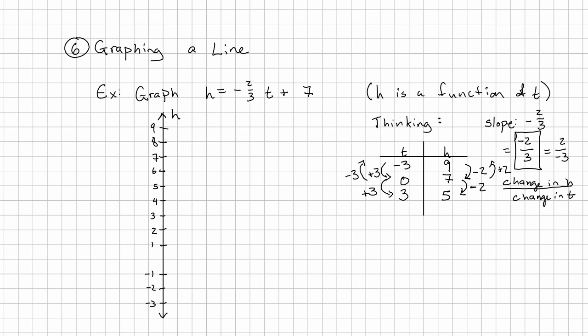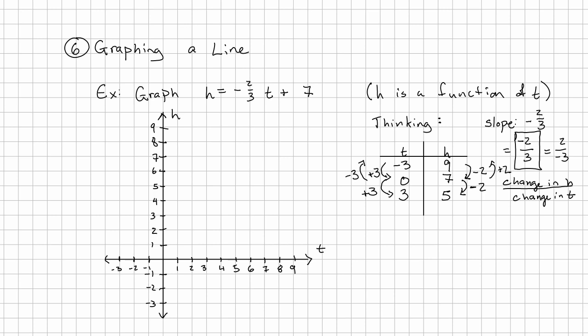That seems good. And I'll label that as my h-axis. Now my t values, right, I want them to go to the left to -3. Kind of squarish graphs look nice, so maybe I'll draw my t-axis going to the right to +9. And I'll label that axis t.